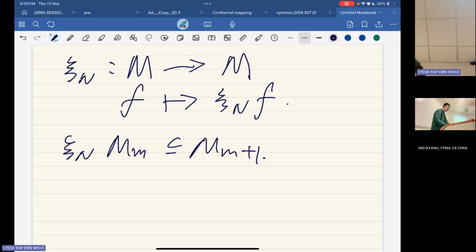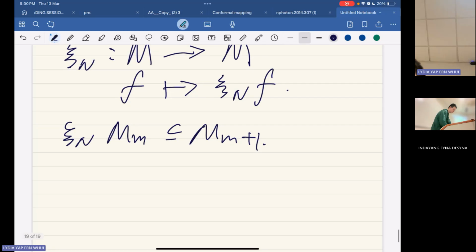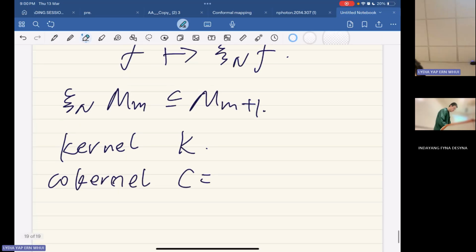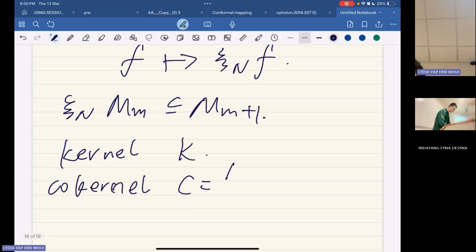And we consider that this map has a kernel. We call it K. And consider its co-kernel. What is a co-kernel? I don't think we learned this before, but it is just your codomain quotient by your image.